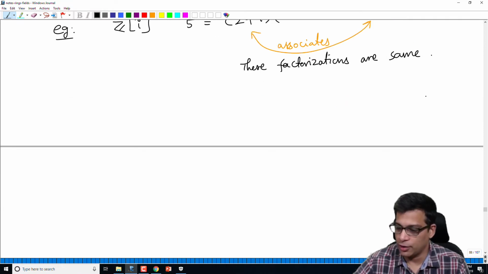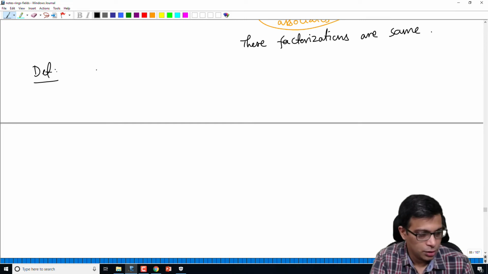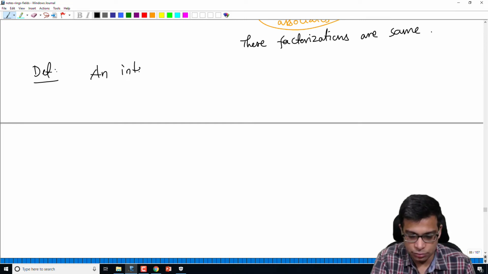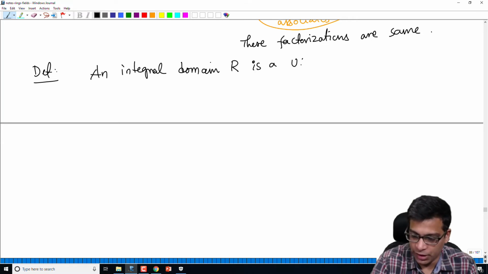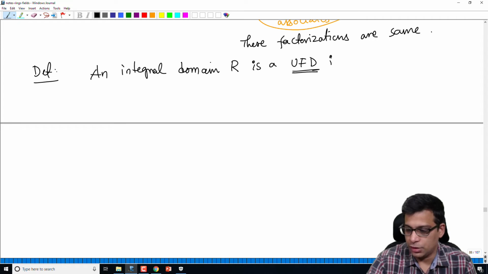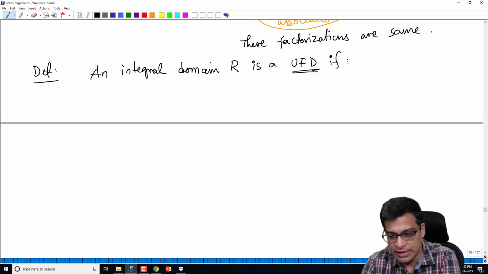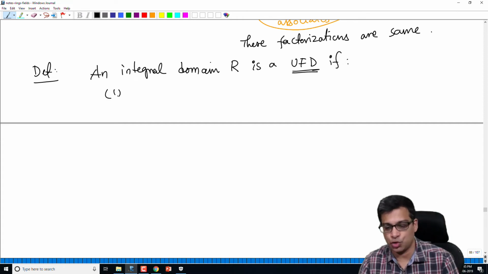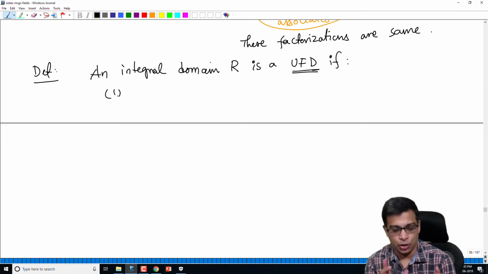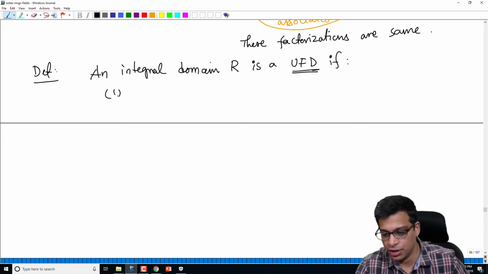So now I am ready to define the main definition of this video. An integral domain R is a UFD. I will use the short abbreviation UFD for unique factorization domain. It has three words really: unique factorization domain.